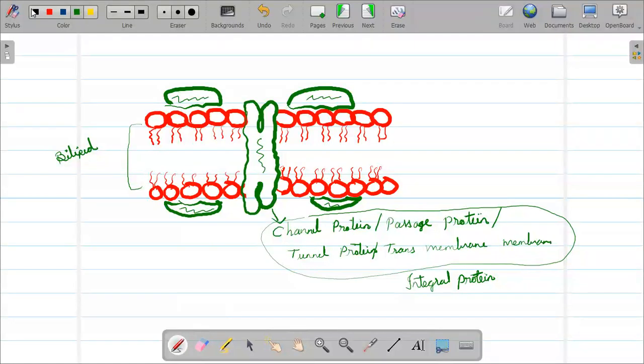So what you can see now is another protein, and this protein is attached outside, right?